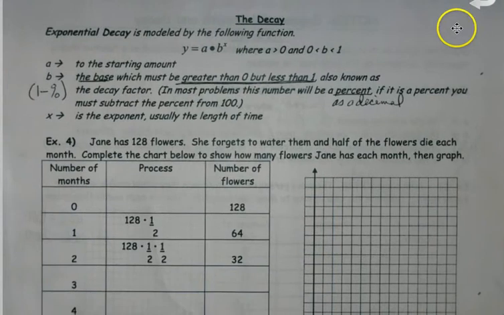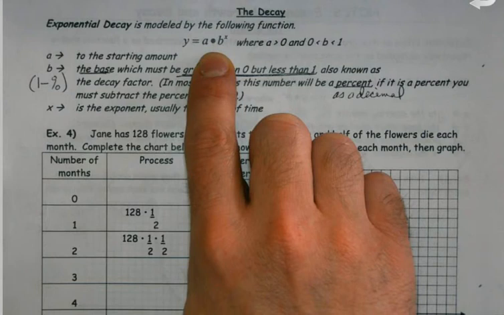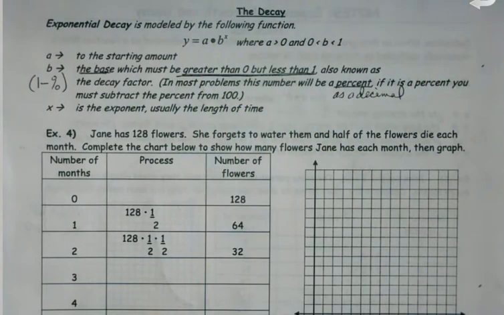we're going to be doing the same type of idea, except now we're going to work with things that decay. Now, decay can be anything from trash to the value of a house or a car, to investments, to all sorts of things. You're like, well, it looks like the same formula. It's a times b to the x. That's true. But here's the difference.